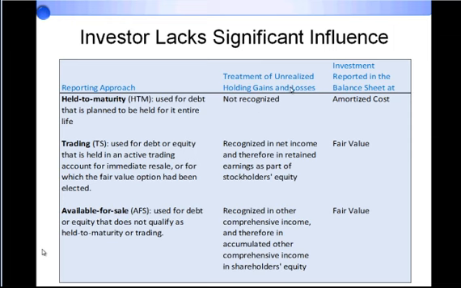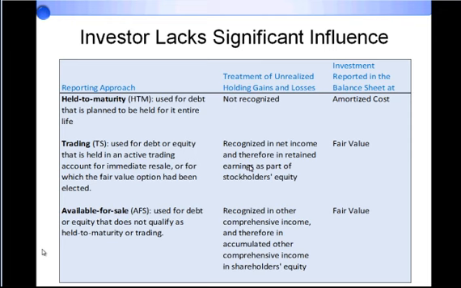We are not going to recognize any unrealized holding gains or losses. The reason being, we don't expect to realize them anytime in the near future. With these other two, trading and available for sale, we understand that at any point in time we could get rid of these, we could sell these. There's no intent whatsoever to keep these for a long time.